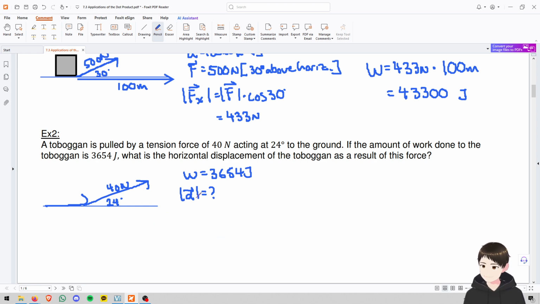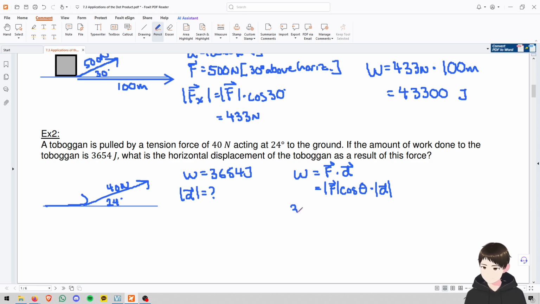Once again, because I know work is the force dot product with the displacement, it is also F cosine theta, so the x component, or the component that is in the same direction as displacement, multiplied by the magnitude of the displacement.